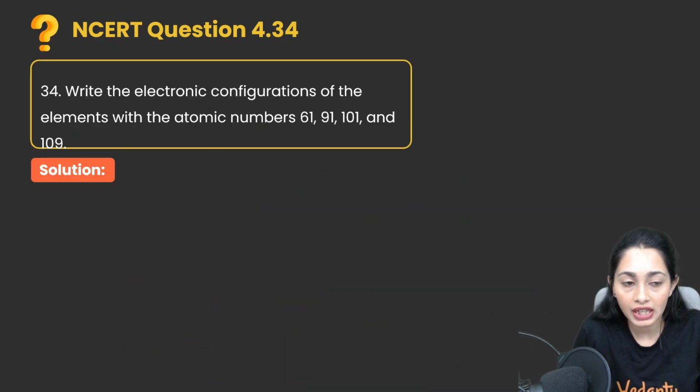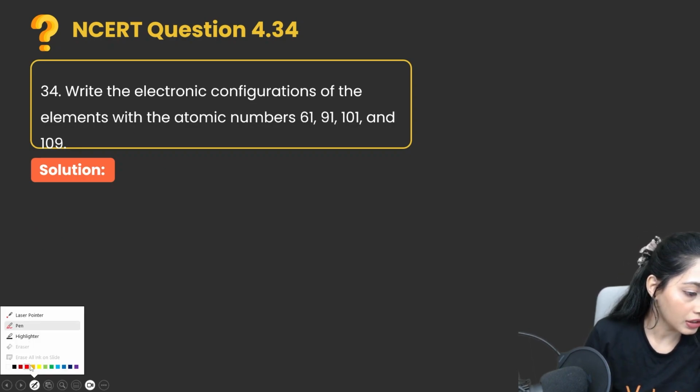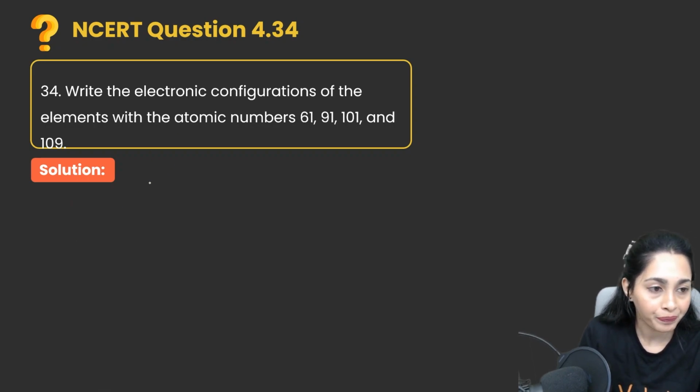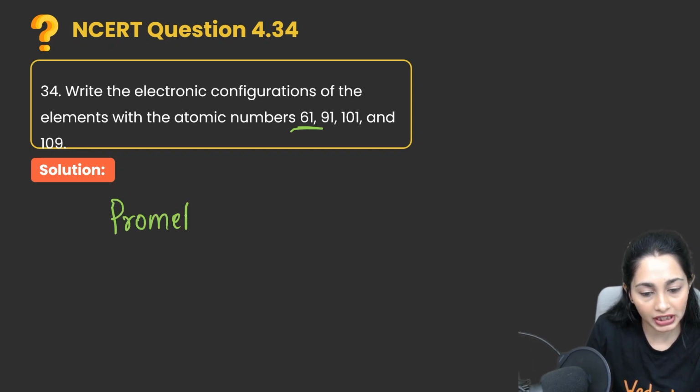Question number 34. Write the electronic configurations of the elements with atomic number 61, 91, 101 and 109. So we need to write the electronic configuration of the respective elements. First, atomic number 61, which is that element? It is promethium, the symbol is Pm.